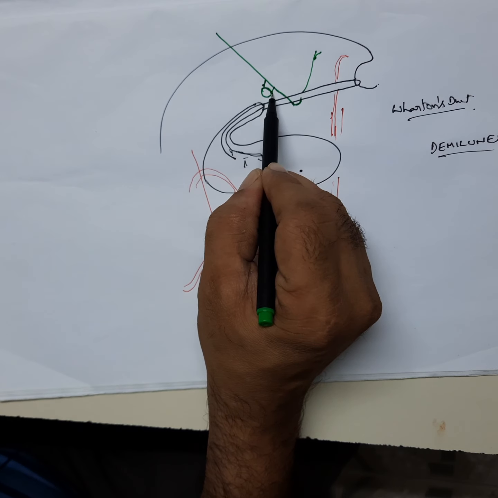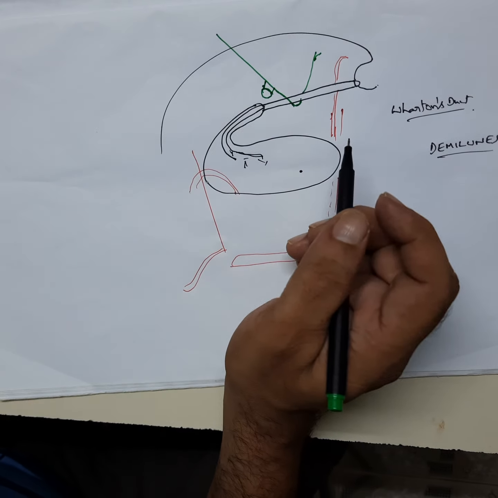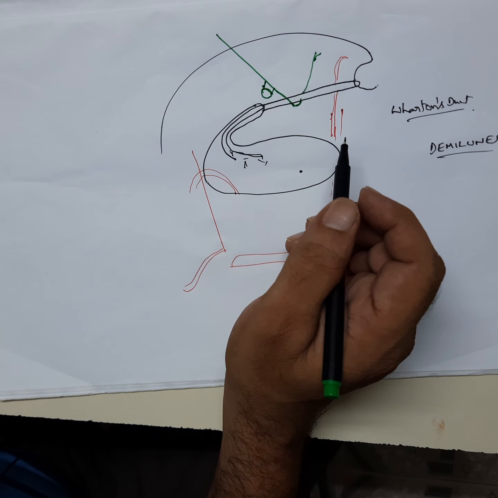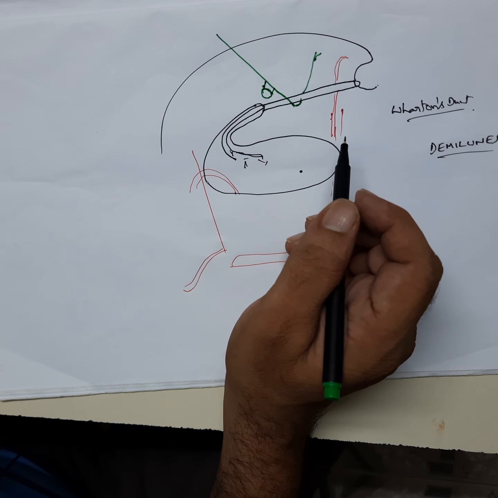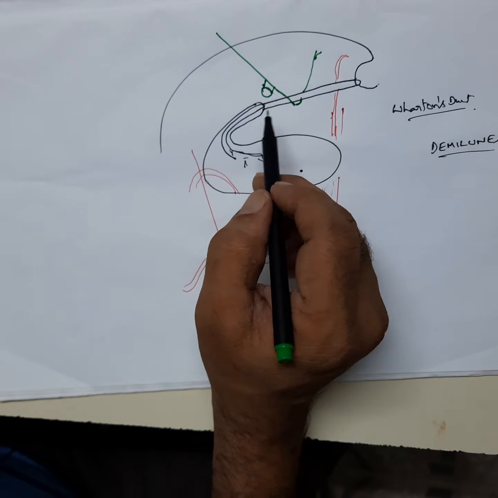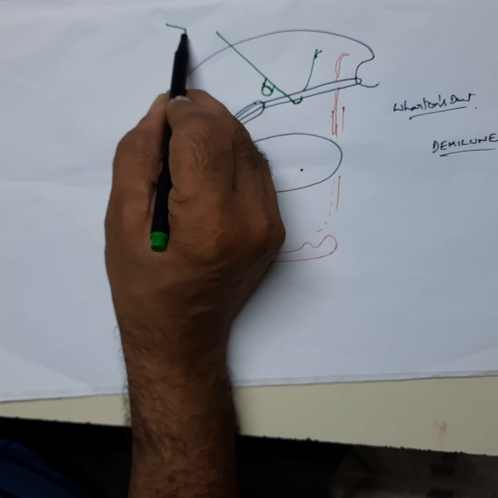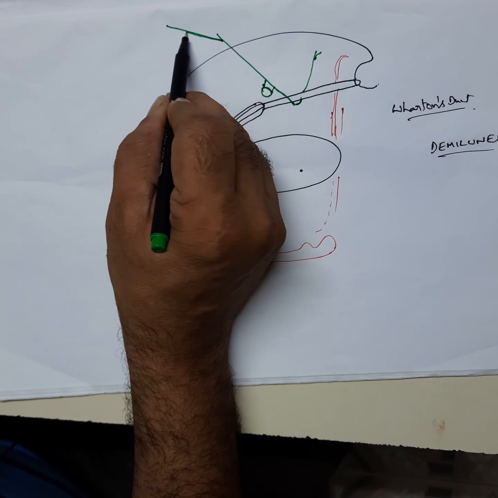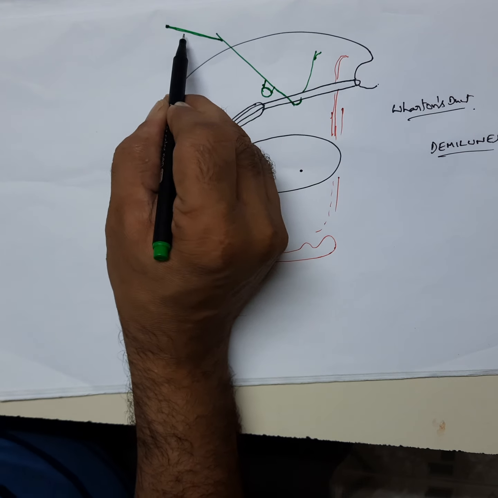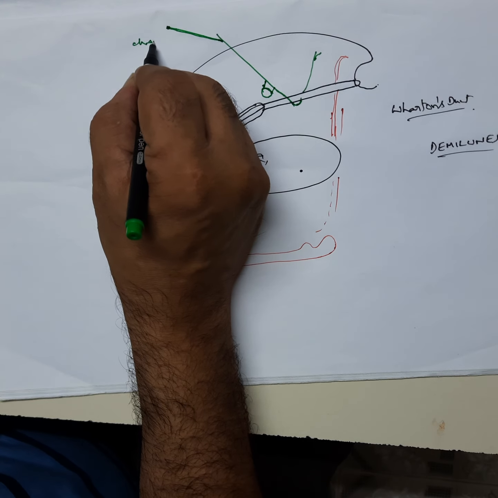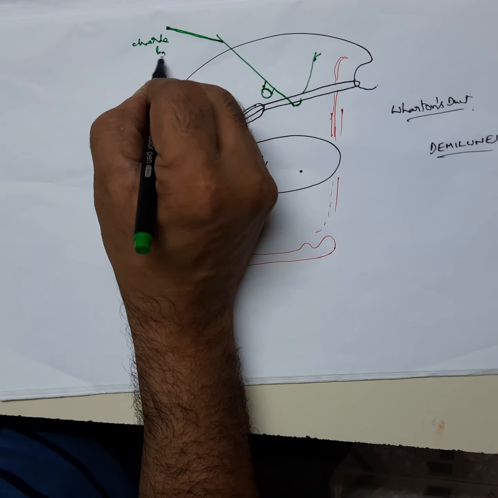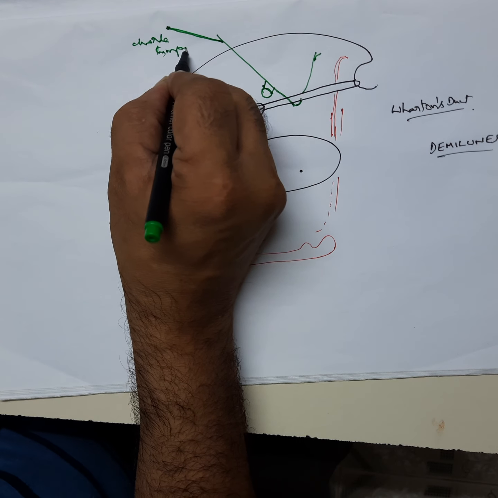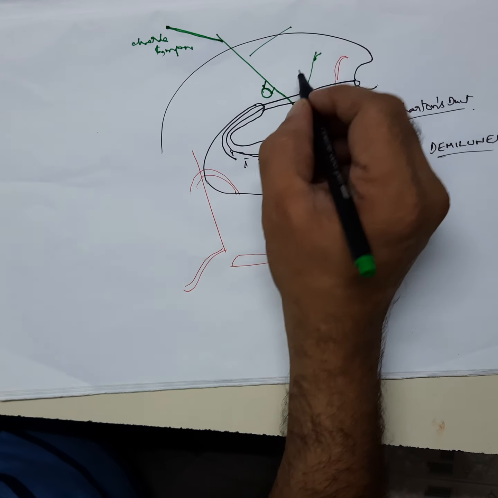So this is the anterior root and this is the posterior root. If you remember the mandibular nerve class, the lingual nerve is joined by the chorda tympani nerve in the infratemporal fossa. You have to remember that, chorda tympani, and this is the lingual nerve.